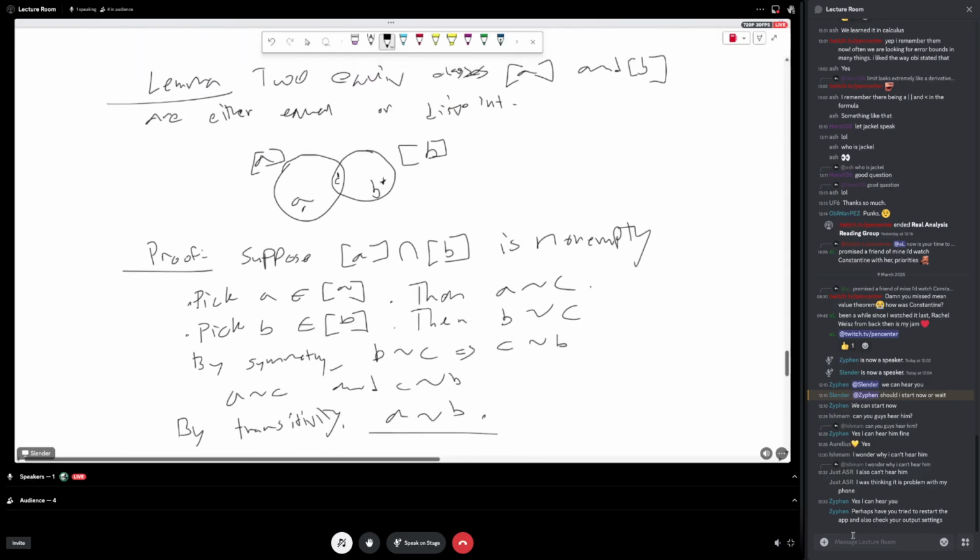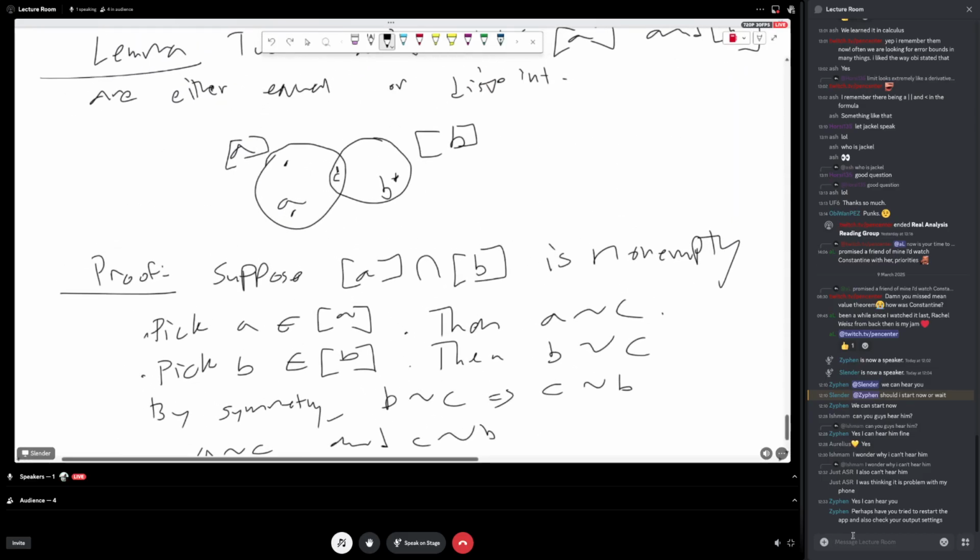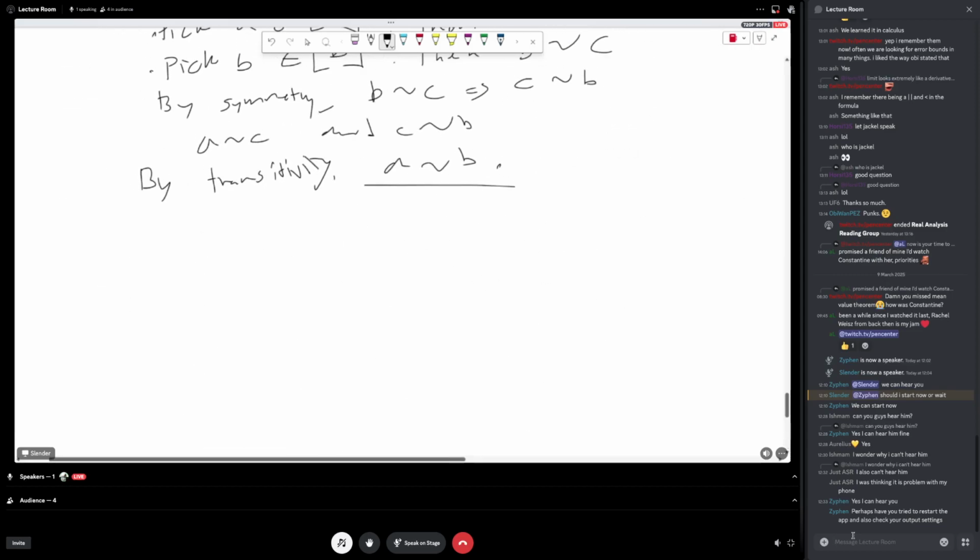But now we need to show that if we pick any element from A here, let's say some other element D, then it will also be in relation with B. That will show that they are just equivalence classes.